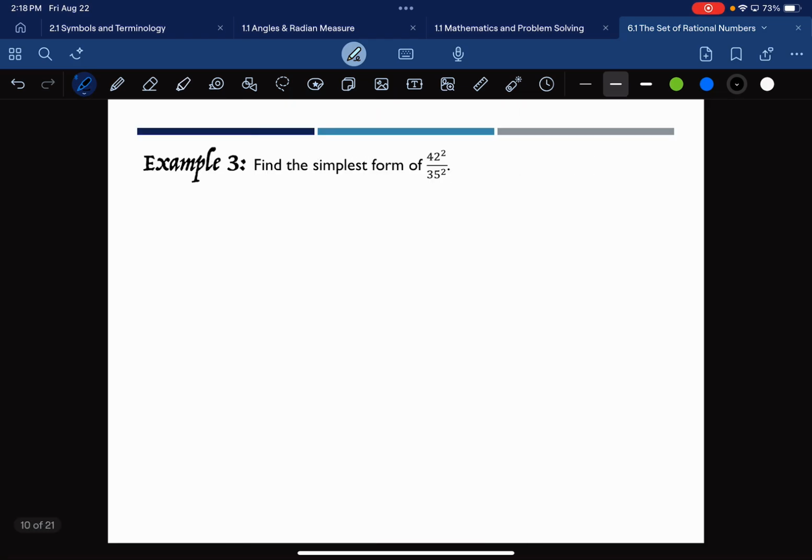All right, let's take a look at this one. So we're going to find the simplest form. We described that the simplest form means that they have no factors in common. So we need to figure out what the factors are. In other words, how do we break numbers down? This one has a 42 on top, and I know it says squared. We'll deal with the squared part secondarily.